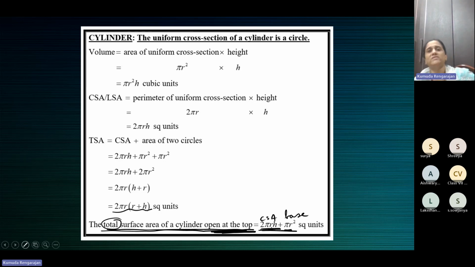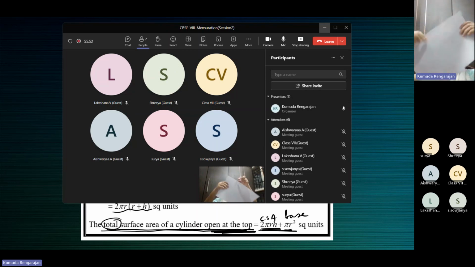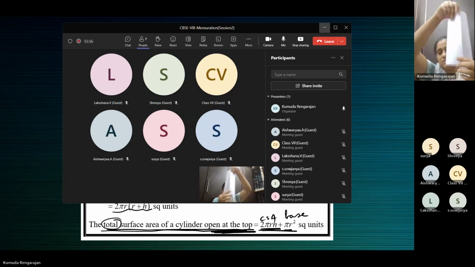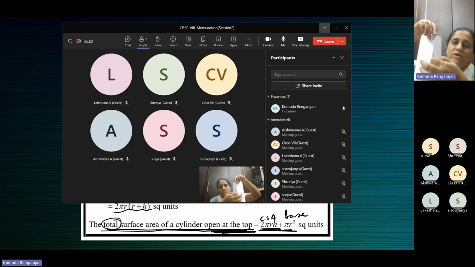Now, supposing you make a cylinder using a piece of paper. Imagine a cylinder made from paper. We roll this rectangular sheet of paper, we bring the opposite sides together.